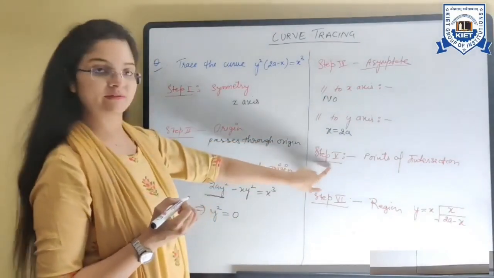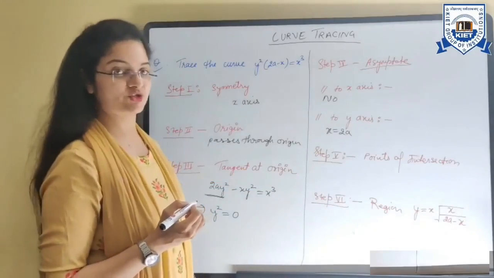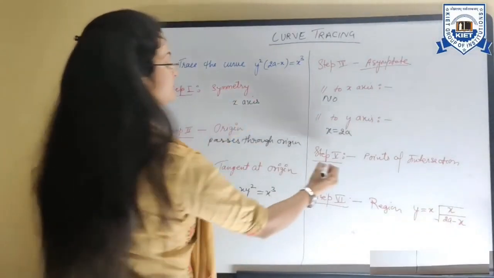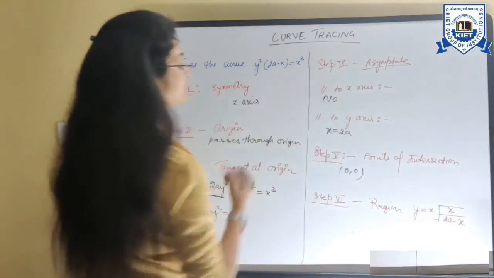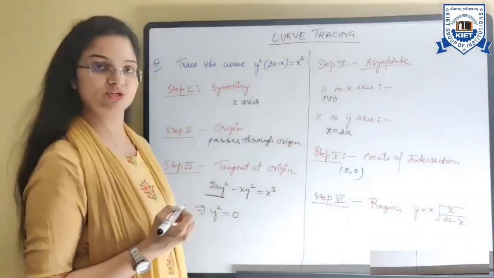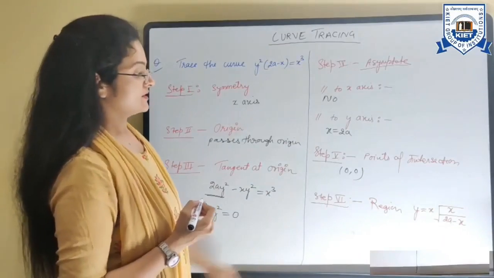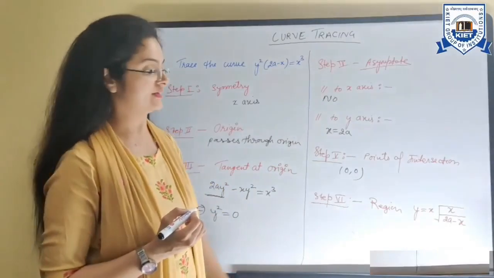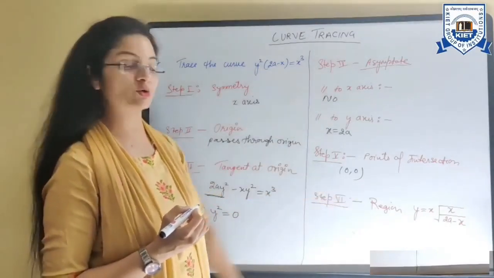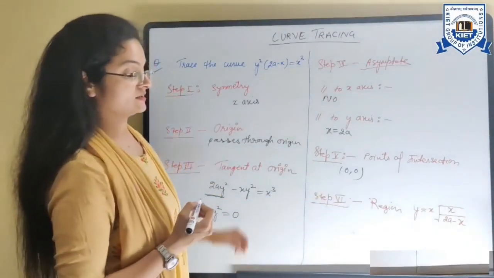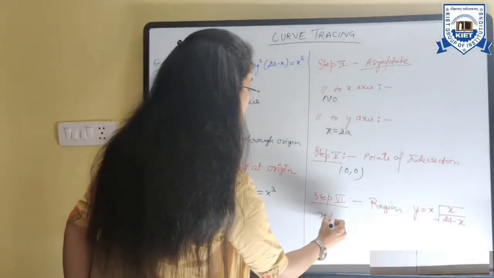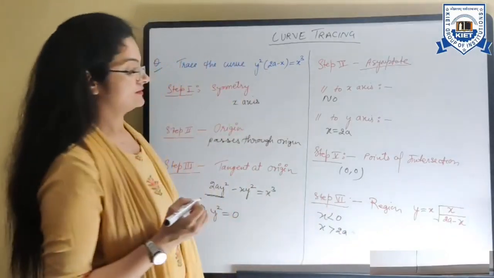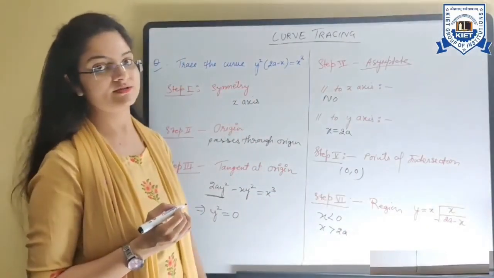Now step 5. We have to find the points of intersection with the x and y-axis. It is clear that the only point is 0, 0. That is, the curve only passes through the origin. Now step 6. We have to find the region. Since y equal to x times the root of x by 2a minus x, if x is less than 0 or x is greater than 2a, then the value of y is imaginary.